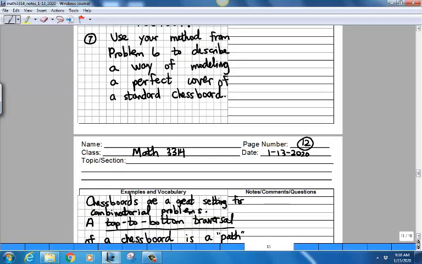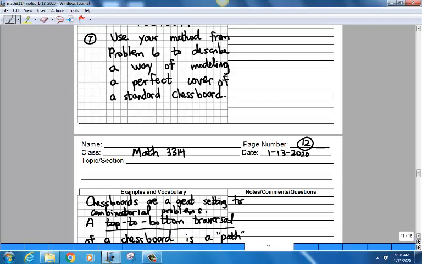All right, so if we use the ordered pairs of numbers, then how would we model a tiling, a perfect cover? So what would a perfect cover look like? How would you model that set? So how can we write down a representation for a perfect cover or a tiling of the chessboard?